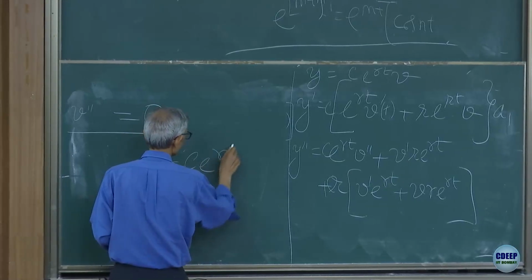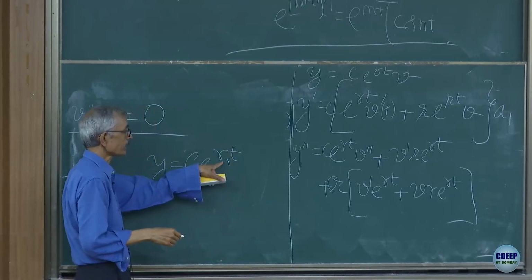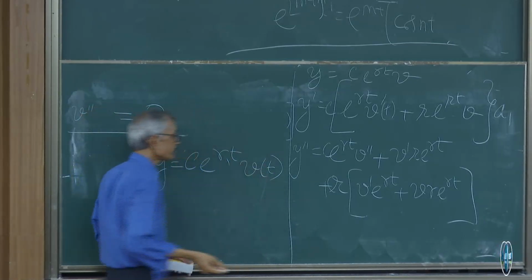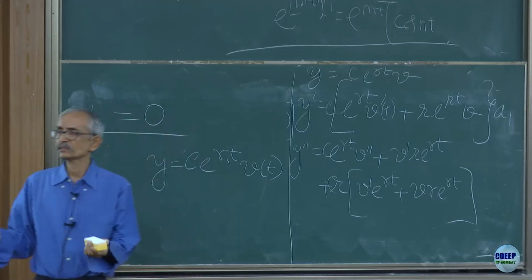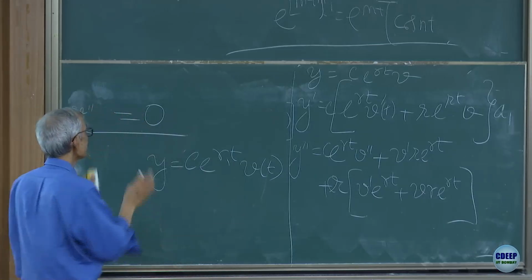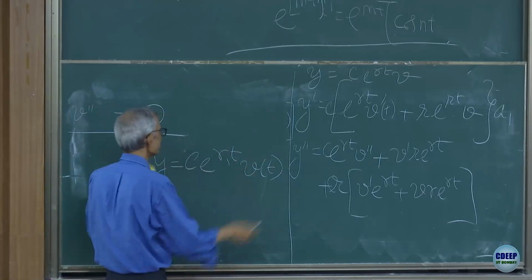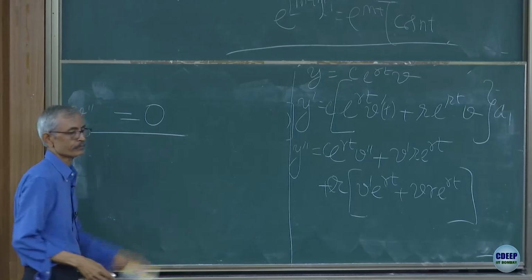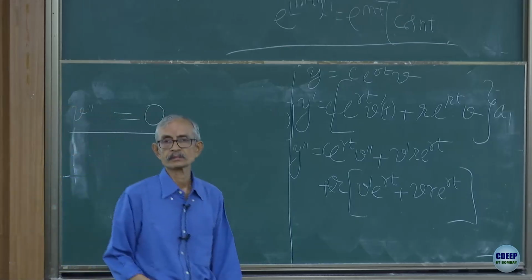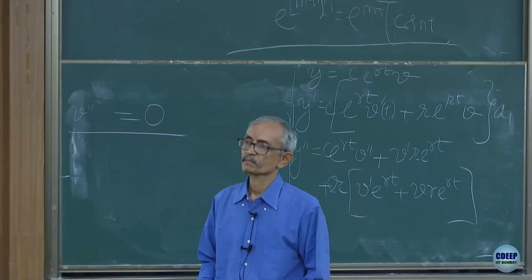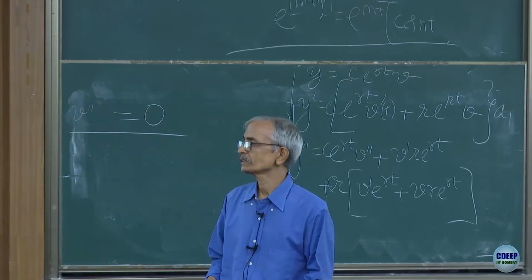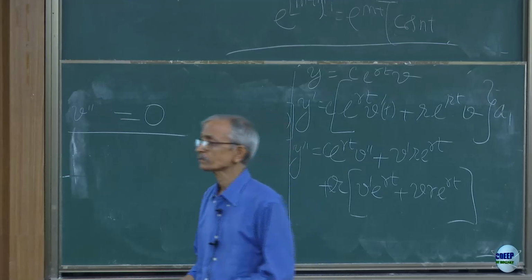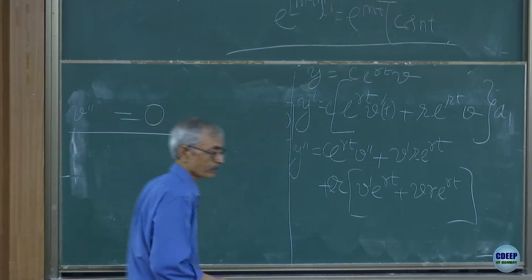So e to the power of rt, this r we already had established, times v(t), and the v I did not know what it was, and then I plugged it in, and once you did a little bit of algebra, what you ended up with was v double prime equal to 0. And what does v double prime equal to 0 mean? What is v? Can I get the v?